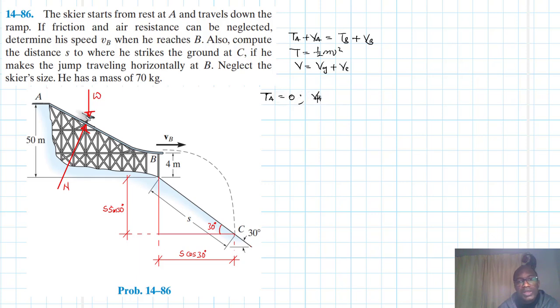And what is VAG? I'll need to determine the datum first. Let me say I choose this to be my datum. Again, you can choose whichever point. I can choose the bottom, I can choose the top at a point.